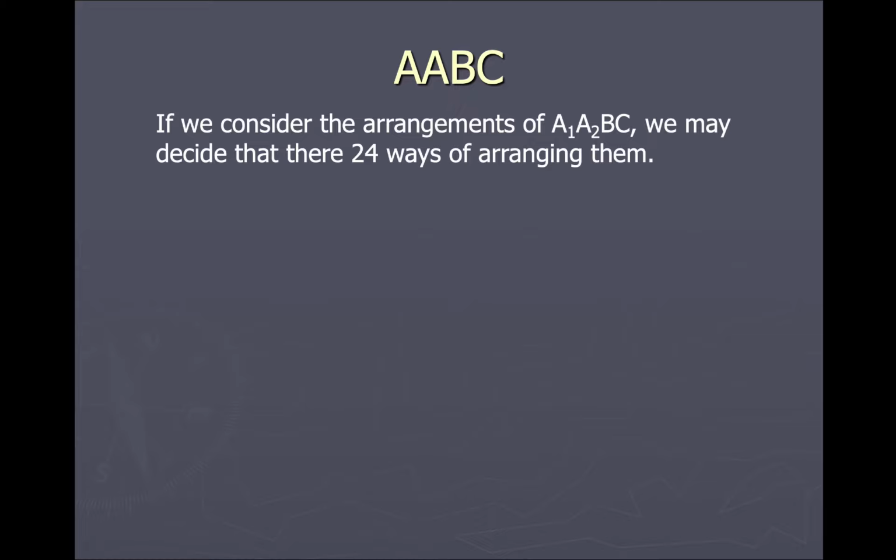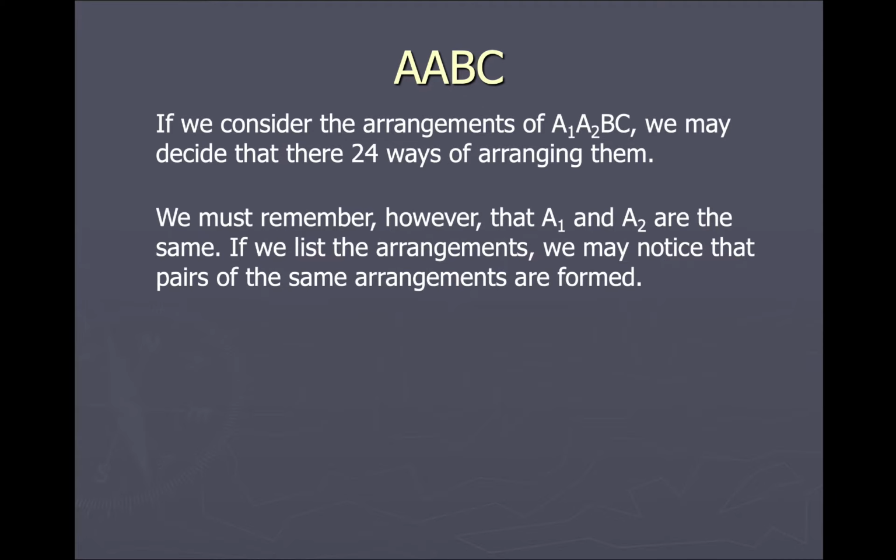If we consider the arrangements of A1, A2, B and C, we may decide there are 24 ways of arranging them. But we must remember that A1 and A2 are the same. If we list the arrangements, we may notice that pairs of the same arrangements are formed, as in the following examples.